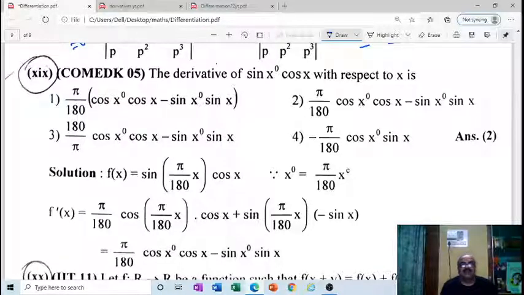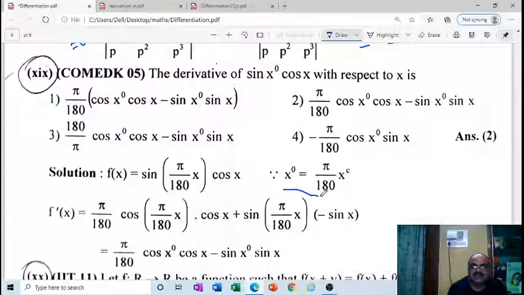The derivative of sin x degrees into cos x with respect to x is... First of all, let's convert degrees into radians.